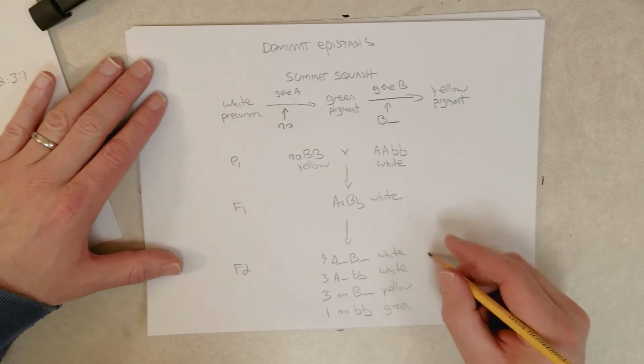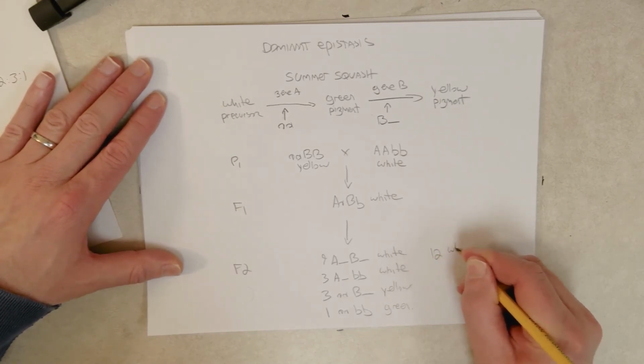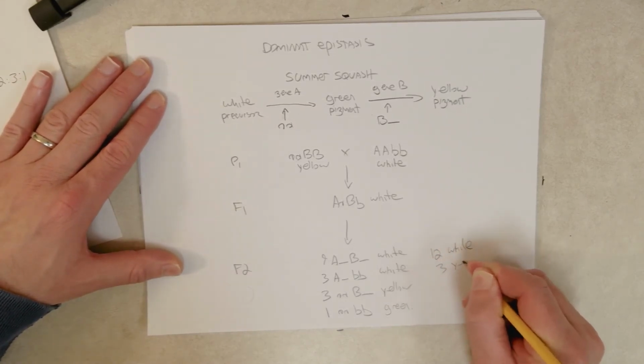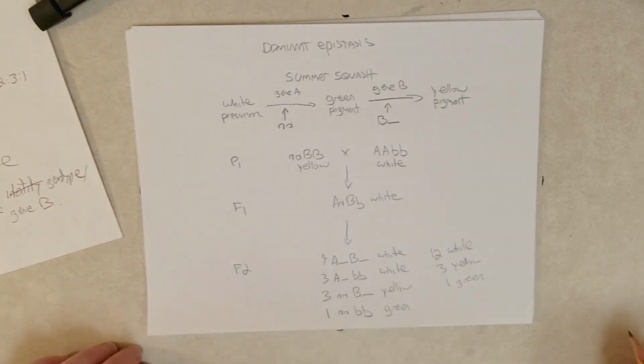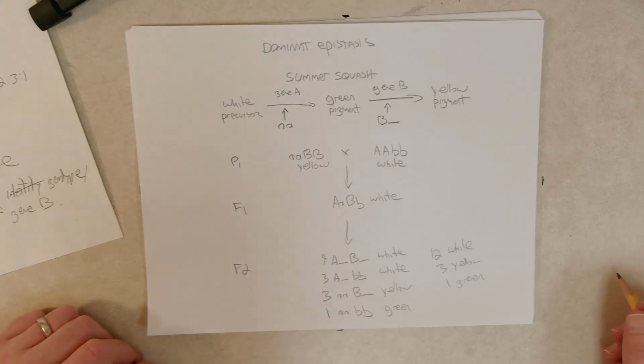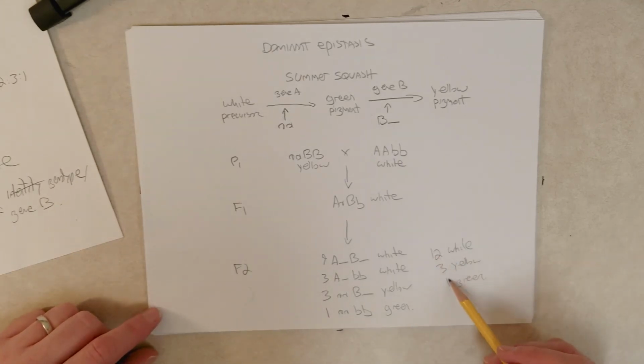So we have a 12 white, 3 yellow, 1 green ratio. So a 12 to 3 to 1.